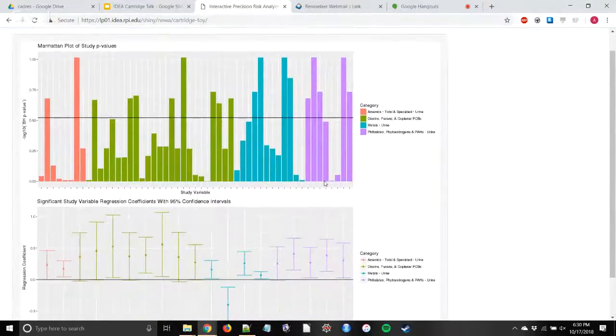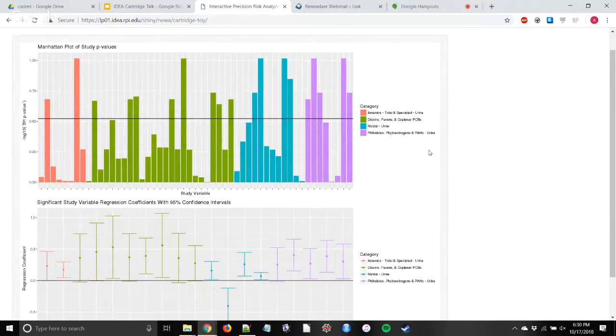This is a very standard way of presenting the results of a large-scale analysis. There's a lot of subtle things you could do, but this lets you look at the results of 55 different models and look at them collectively, which is nice.